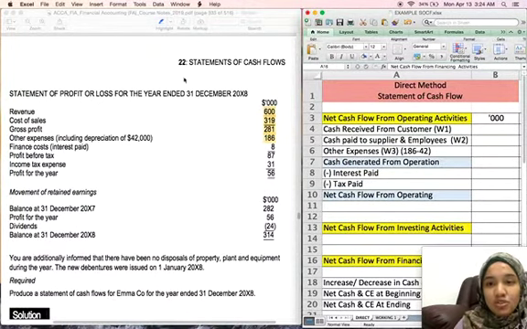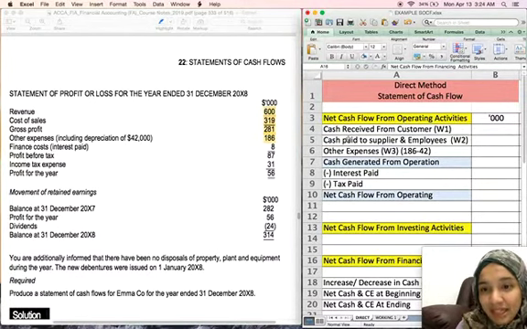Okay. So basically, as you can see, net cash flow from operating activities, net cash flow from investing activities, net cash flow from financing activities. Basically, all of this working is exactly the same as the indirect method. But the only difference is how you derive the cash generated from operation.